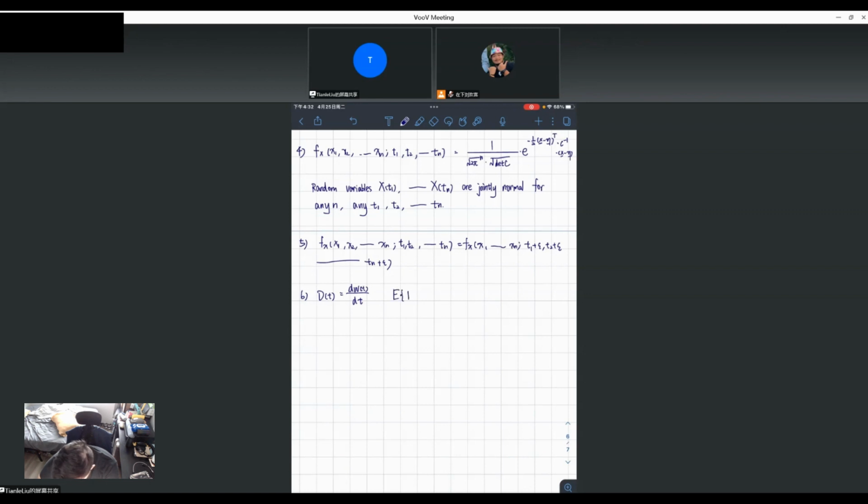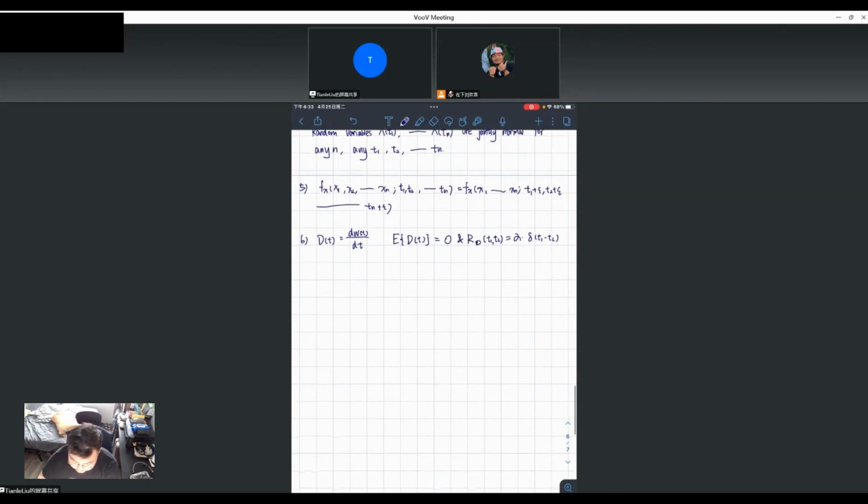If the expected value of the derivative is equal to 0, its autocorrelation function will be alpha multiplied by the impulse function of t1 minus t2, and we have it as the white noise function.